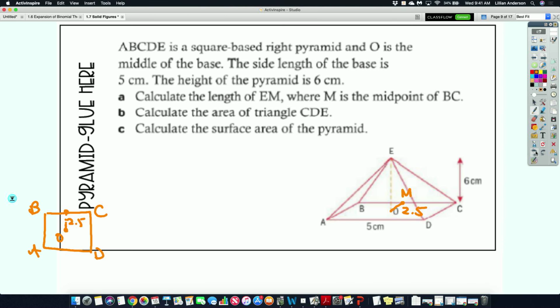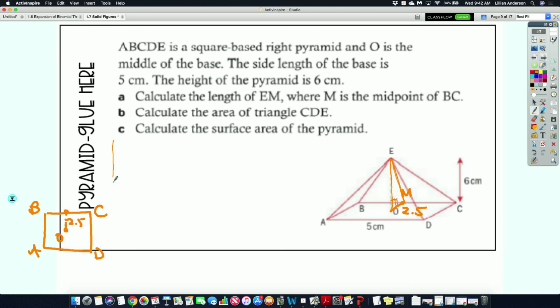All right, so now that we know that, to find EM, what concept could I use to find EM? That does run along the side of that pyramid, E to M. And considering that this is a right pyramid, that means that E, O, and OM form a what? And this is nothing but a right triangle. Where's O? O is in the middle, the center of the base.